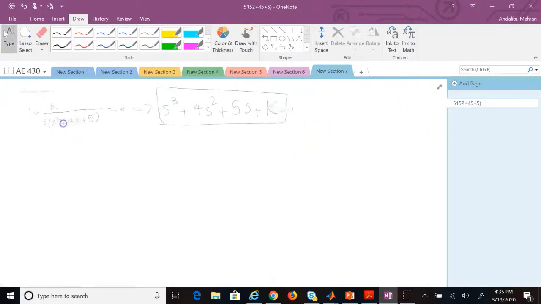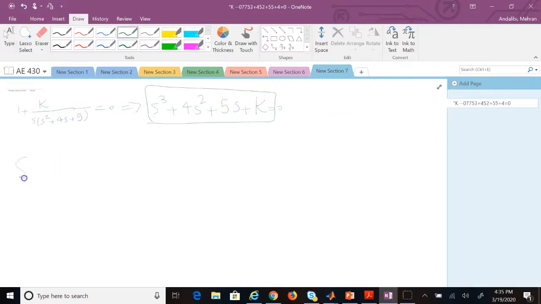Now, there are two ways I can handle it, as I said. One is, in this equation for s, I plug in i times omega, or negative i times omega, doesn't matter really. So if I plug it here, what do I get?